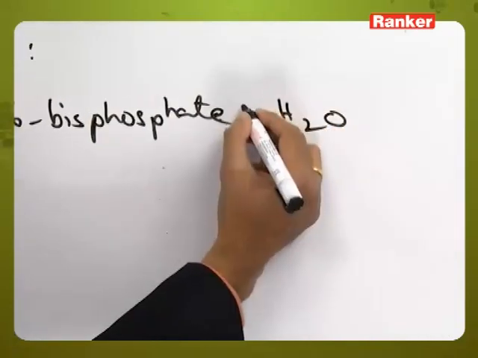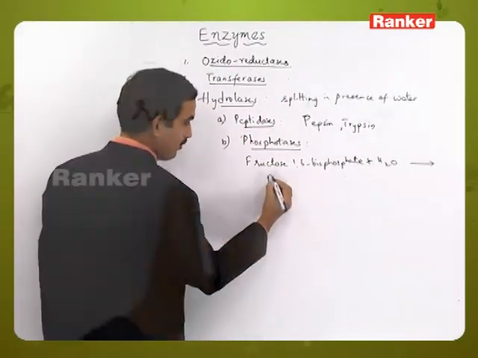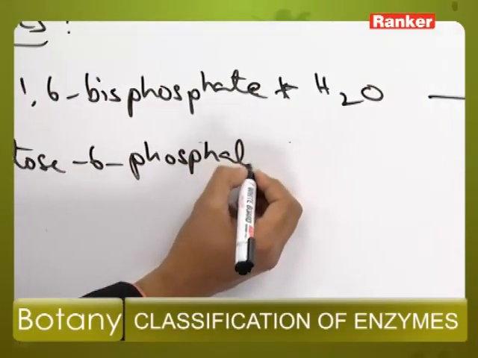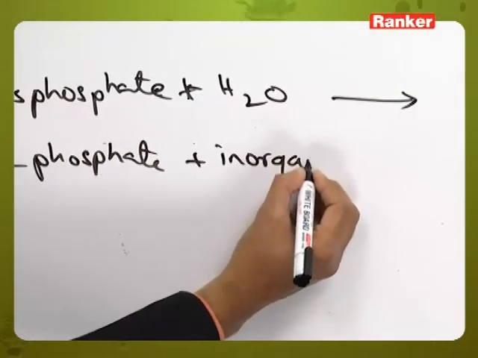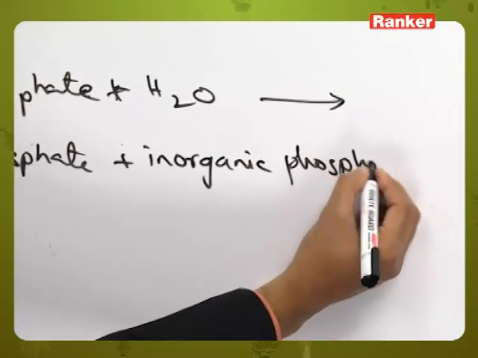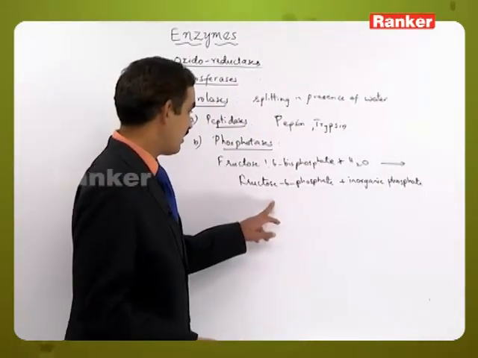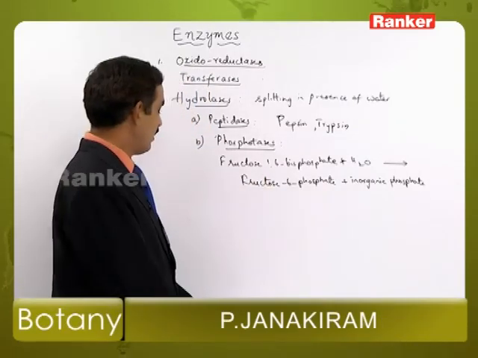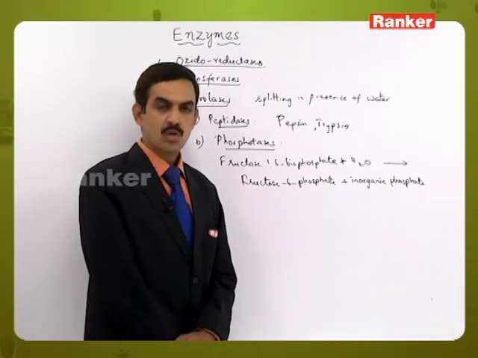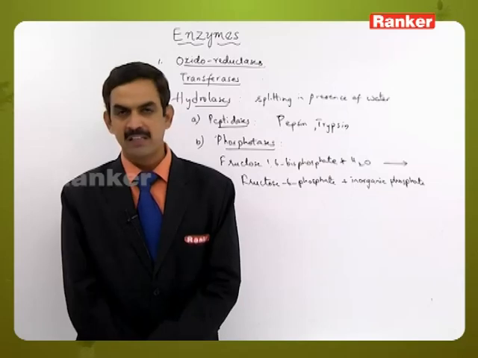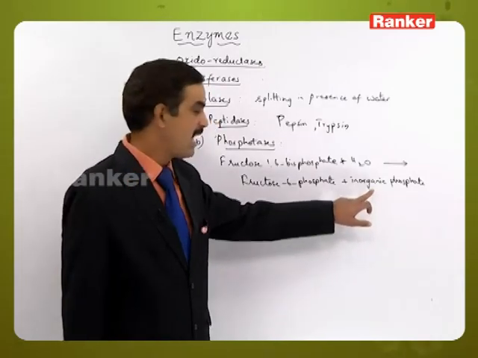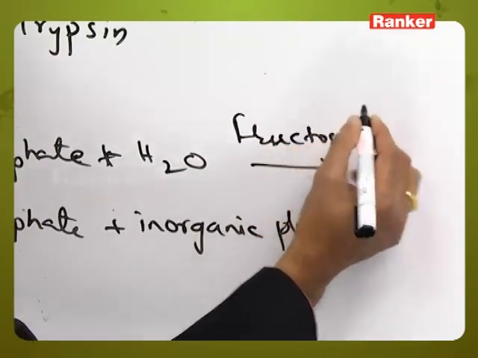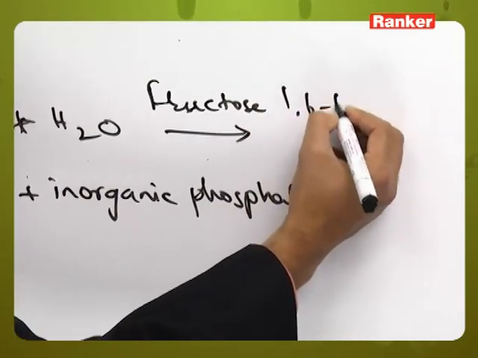When it reacts with a water molecule, it will be converted into fructose 6-phosphate plus inorganic phosphate released. In this reaction the bond of fructose 1,6-bisphosphate has been broken, so that the phosphate present on the first carbon is separated out in the form of inorganic phosphate, and this is catalyzed by an enzyme called fructose 1,6-bisphosphatase.